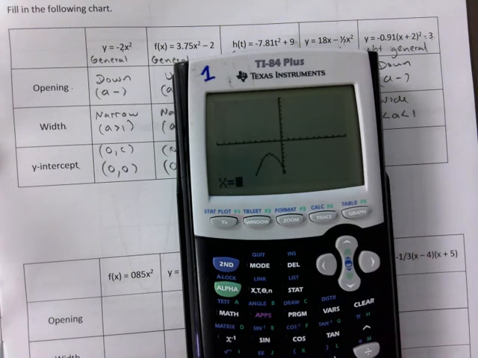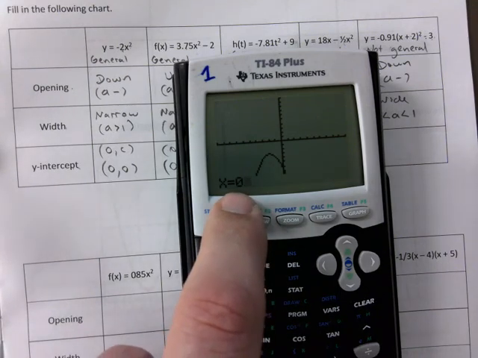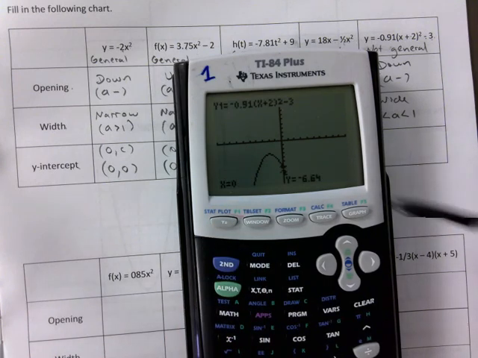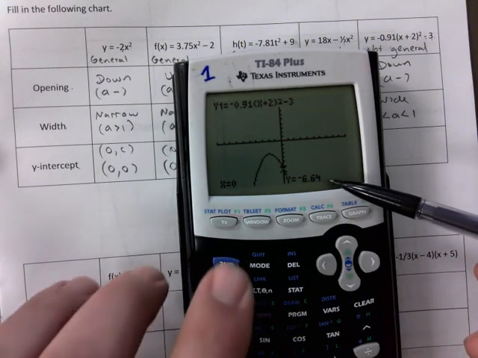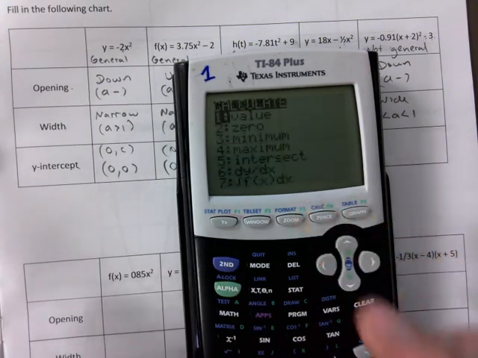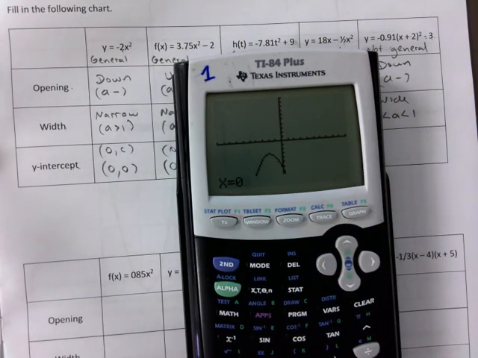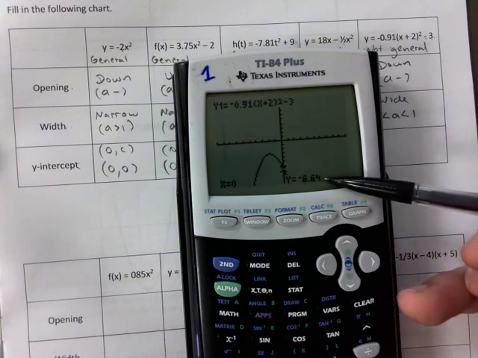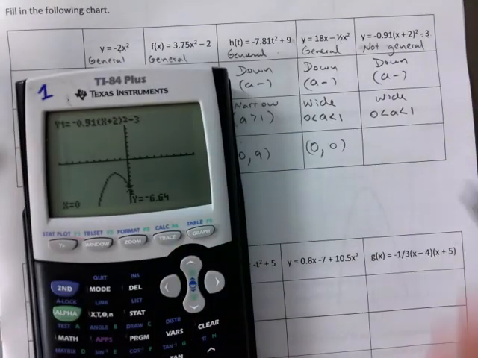So 1, and x is equal to 0 when we want our y-intercept. So just make x equal to 0, hit enter, and you should get -6.64. I'll do it one more time. Second trace 1, x is equal to 0, it's -6.64, and round it to 2 decimals, right?